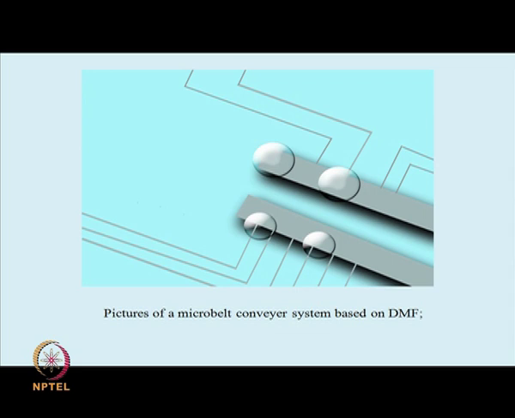So, a unique application of digital microfluidics to end the class, and this shows that you can truly do some really interesting and fascinating things with digital microfluidics, and the entire process is based on the concept of electrowetting or electrowetting on dielectrics. Thank you.